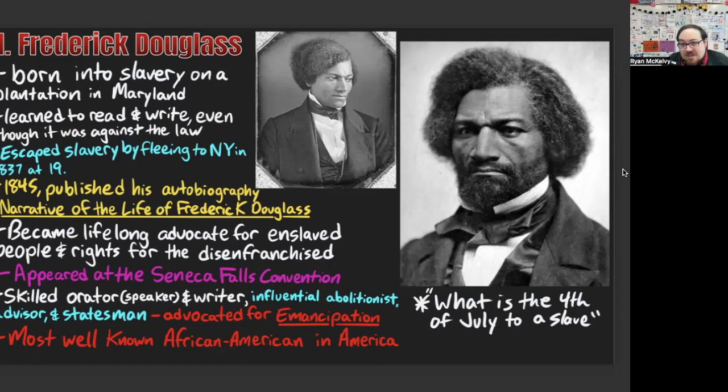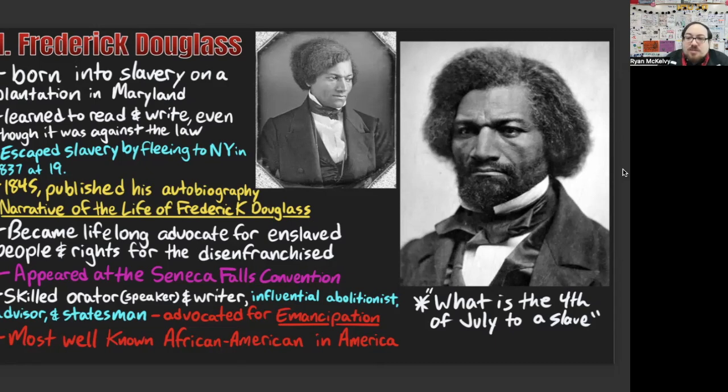We mentioned how he was at the Seneca Falls Convention. He was a skilled orator, which is a speaker and a writer, and fought for abolitionists. And he advised the president. And again, he will push for emancipation. At the time, he's going to be the most well-known African American in America. In one of his more famous speeches, he will ask, "What is the 4th of July to a slave?", which is one of the documents you're going to be reading in the primary sources.